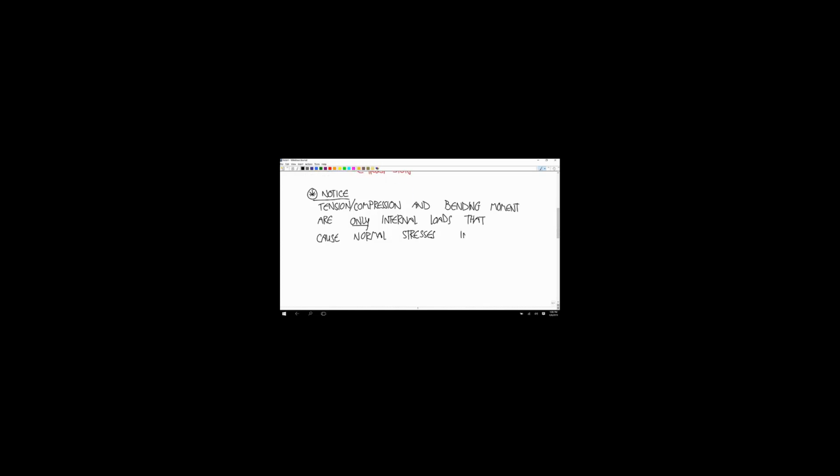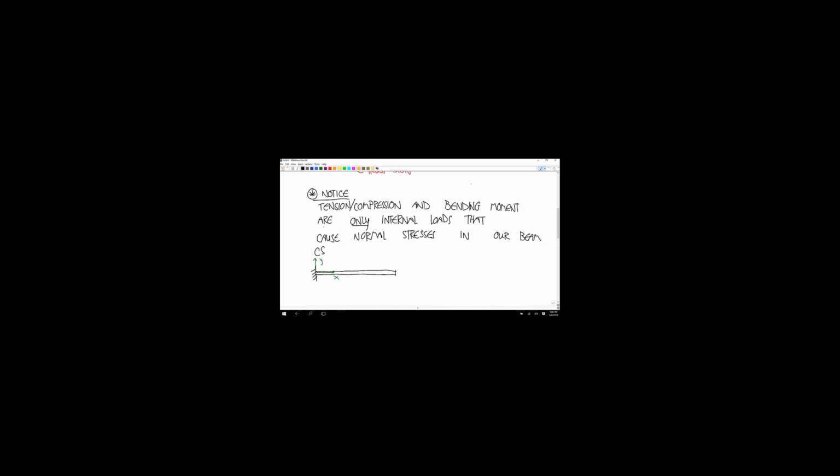And in our beam coordinate system, so remember that's one where the x-axis is along the beam, the y-axis is, you can think of that as perpendicular to the axis of bending, and the z-axis is out towards us.